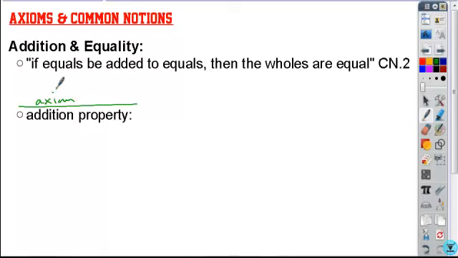Okay, so the addition property, if we convert this into the logical form, if A is equal to B, then A plus C is equivalent to B plus C. And you can add the same thing to both sides of an equation, and that's addition property.